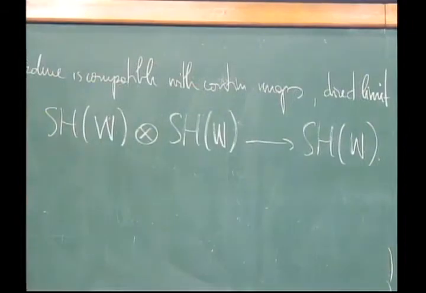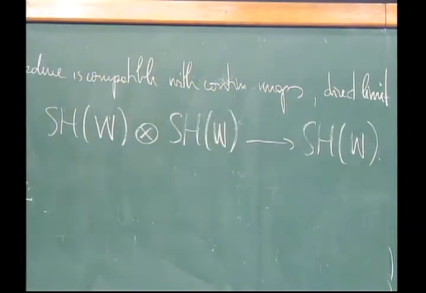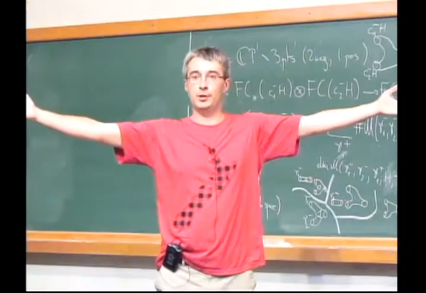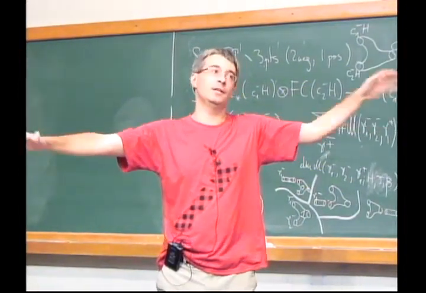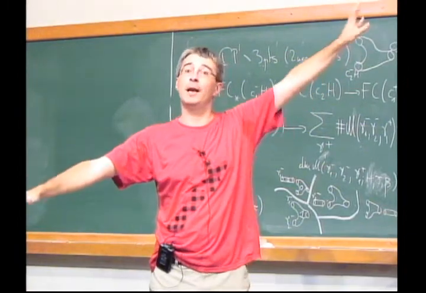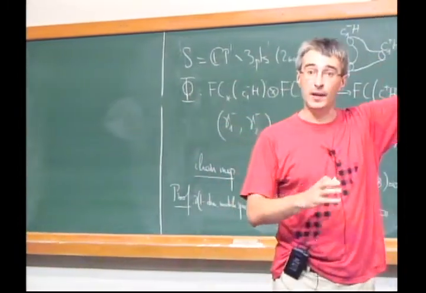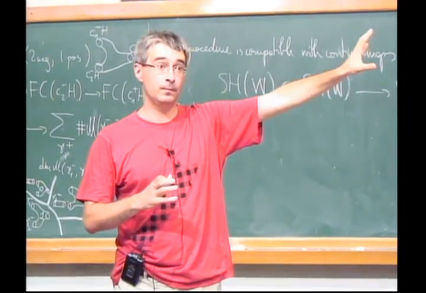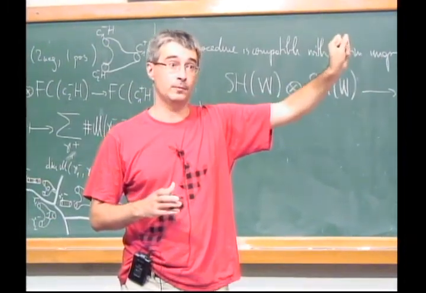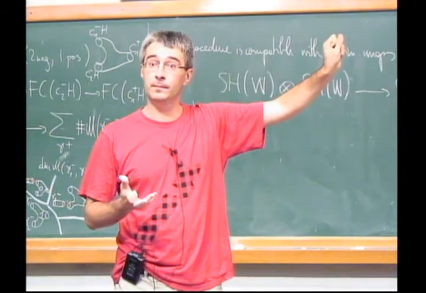So what about the unit here? Well, what's the unit? The unit is a distinguished element in your homology group, right? If you want to produce a distinguished element, you'd better count things defined on a Riemann surface that has only outputs, and preferably one output, right?